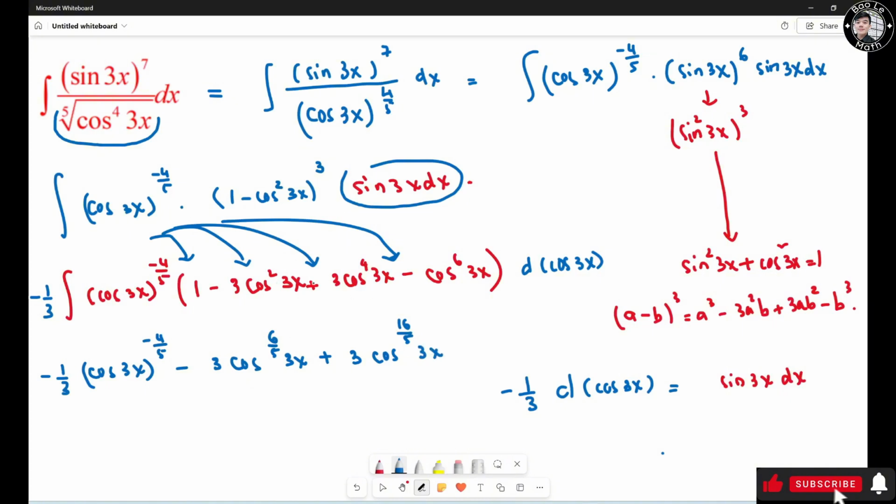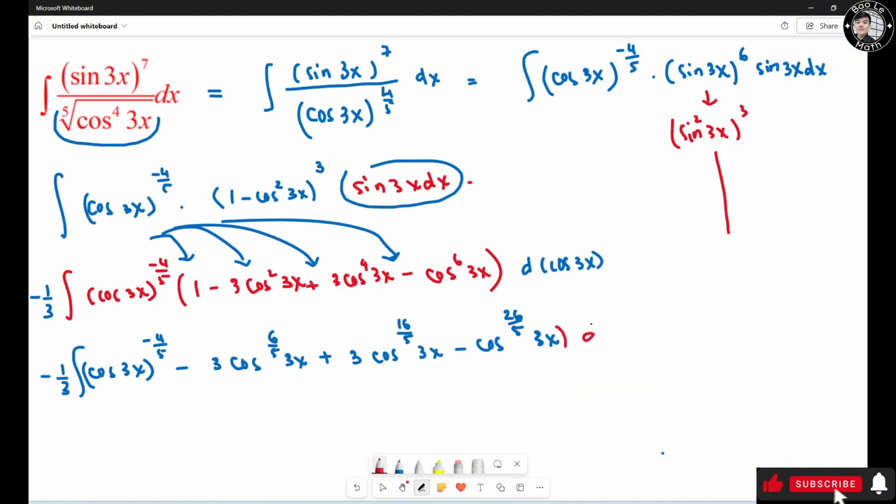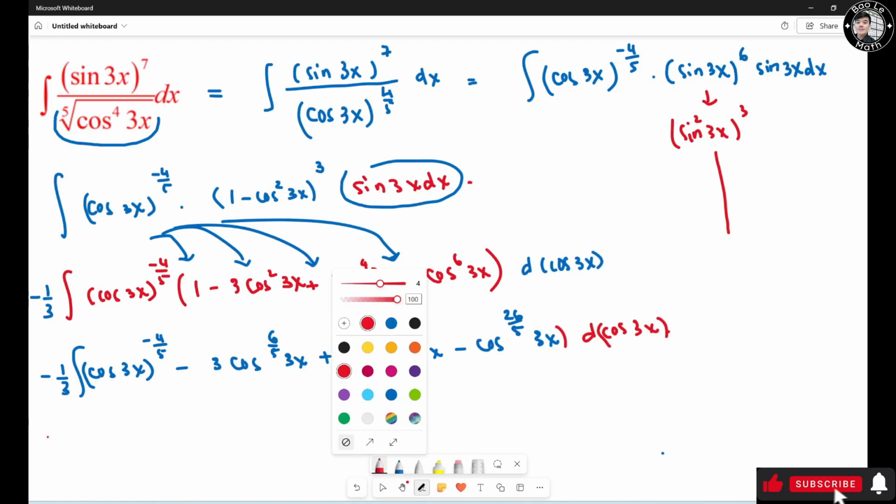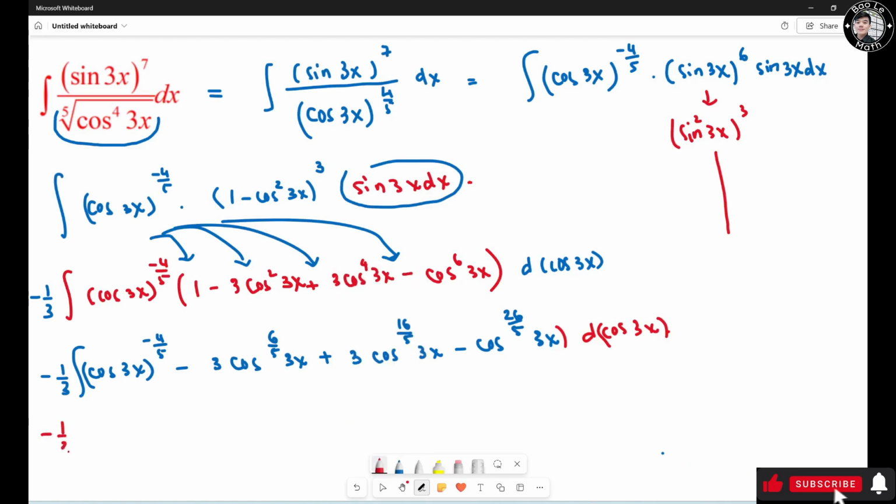And the last one, minus cosine of negative 4/5 plus 6, it's going to be 26 over 5, 3s, altogether d of cosine 3s. So I will write negative 1/3 right here.